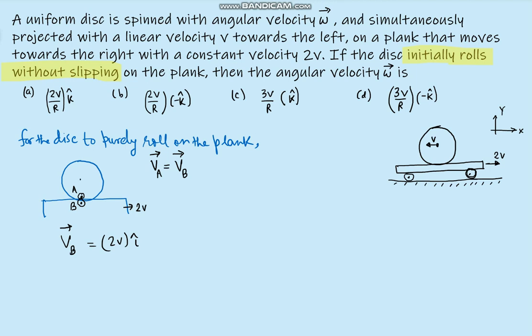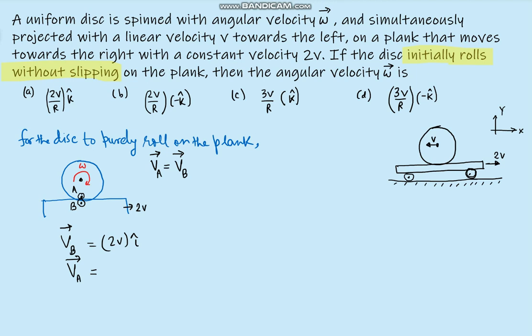First you have to assume that the disk is rolling in a particular direction, either right or left. So for the time being, let me assume that omega is in this direction. You can take omega in the other direction also, it's up to you.